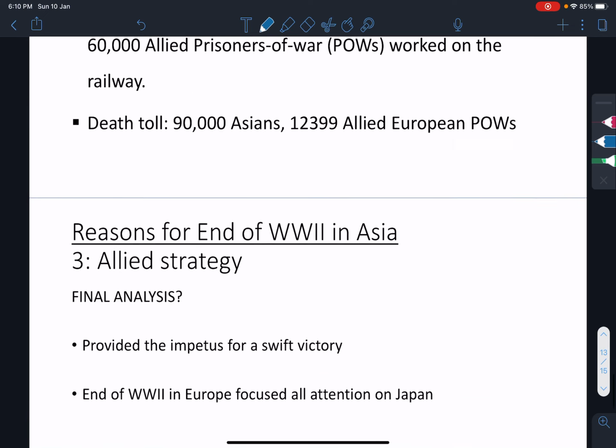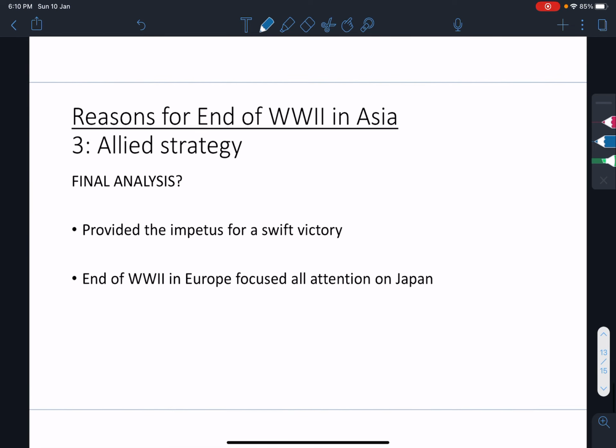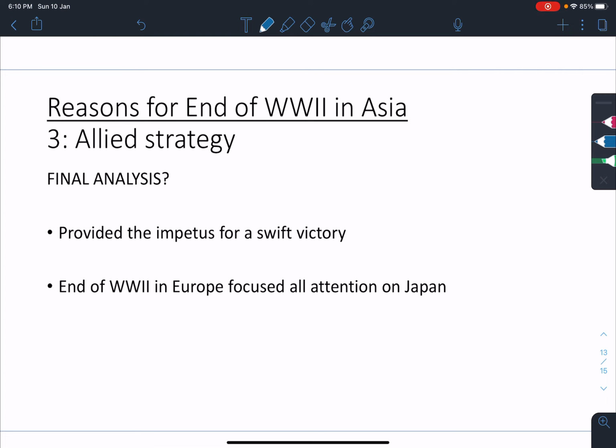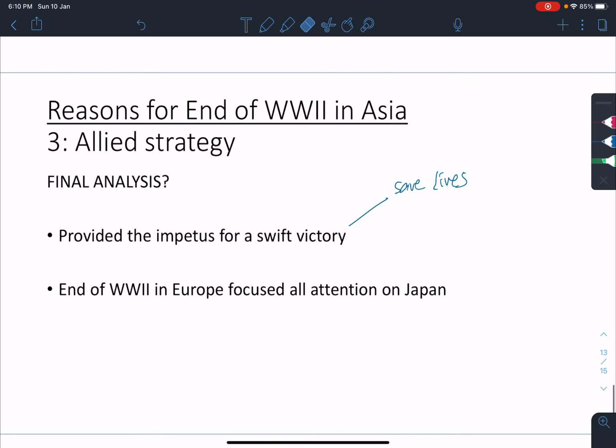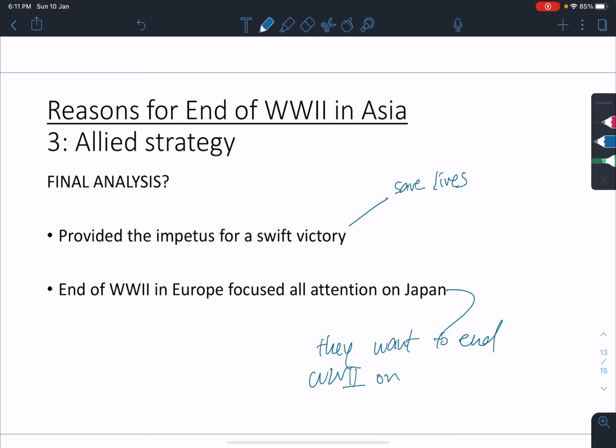And so when we see the final Allied strategy, what do we see? There are two things, right? They want to end the war quickly. Why? To save lives. And they also want to end World War II on the Allies' terms.